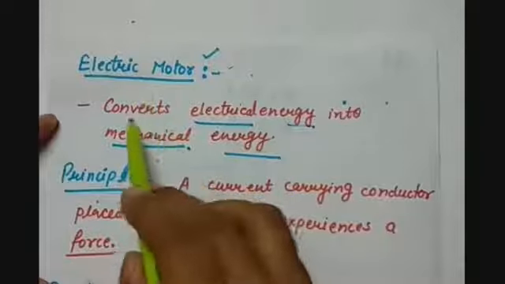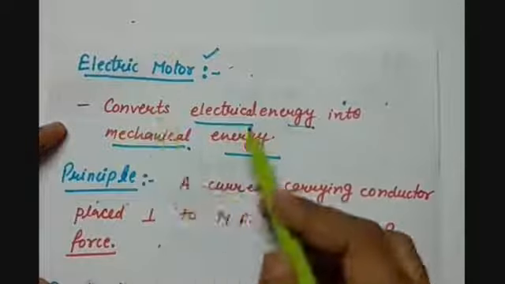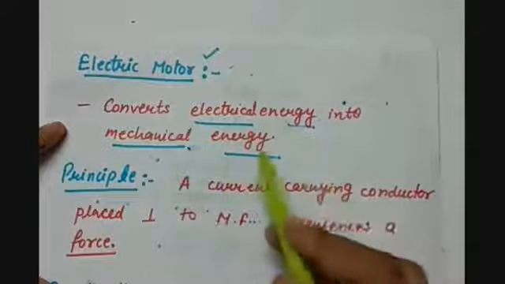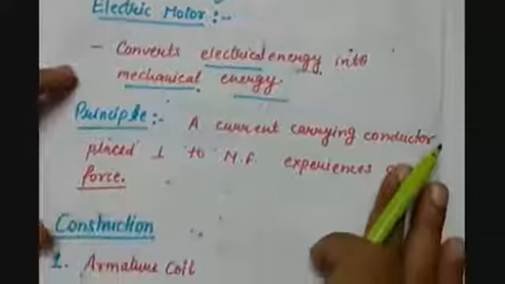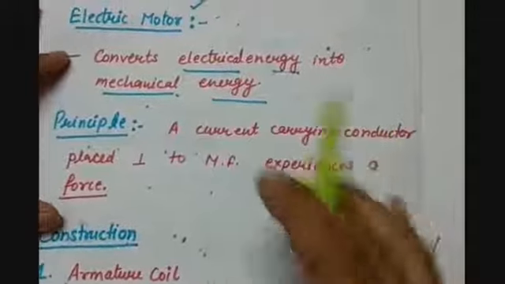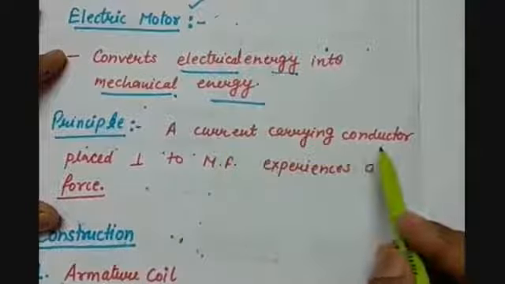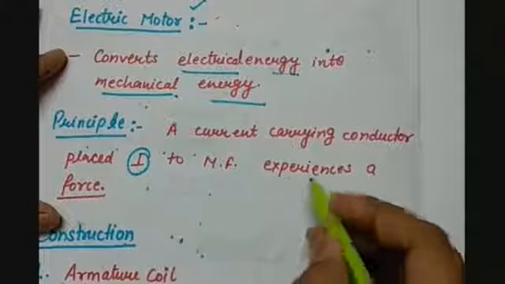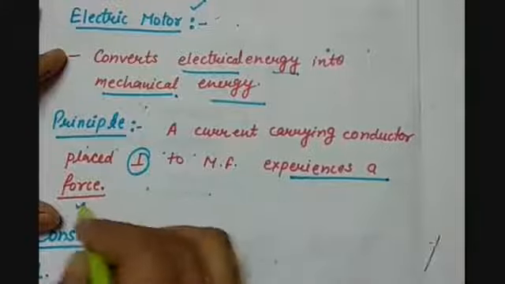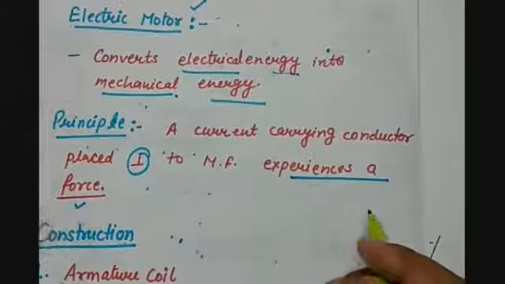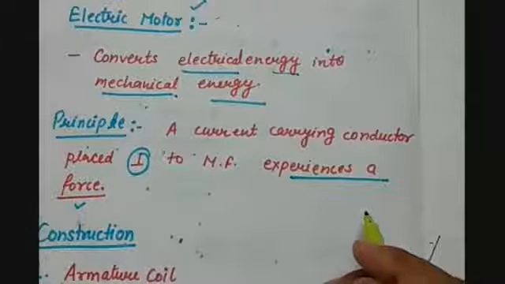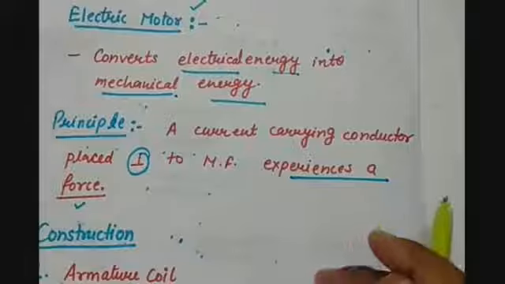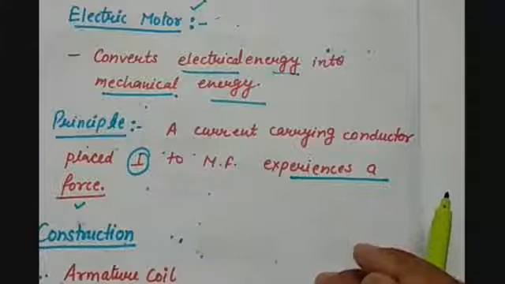It is based on the principle that a current carrying conductor placed perpendicular to the magnetic field experiences a force. On the basis of this principle, we will make the motor rotate and it will produce mechanical energy.